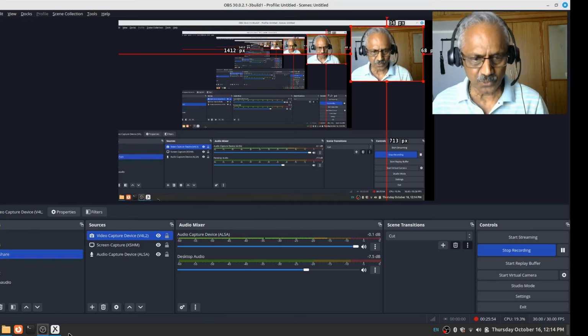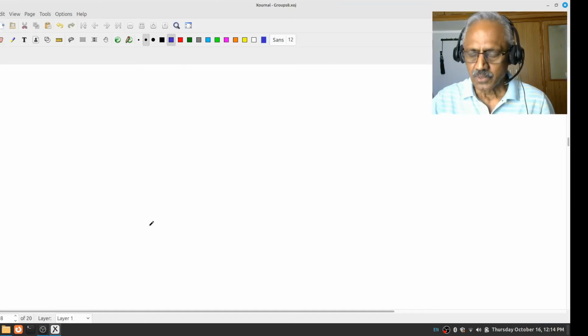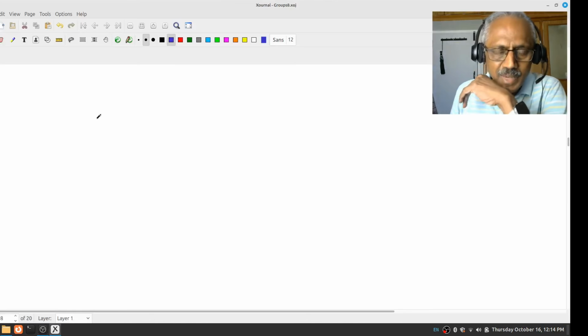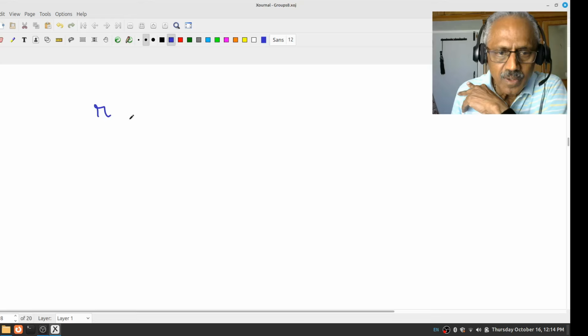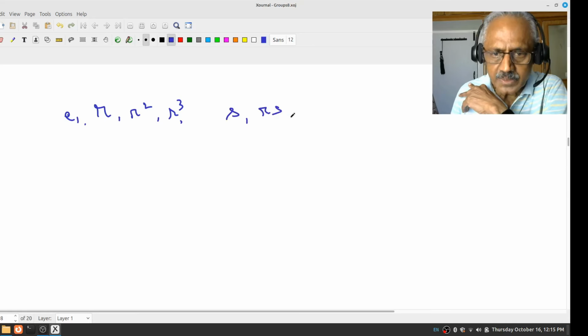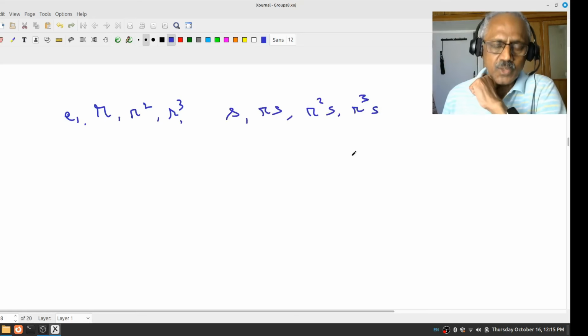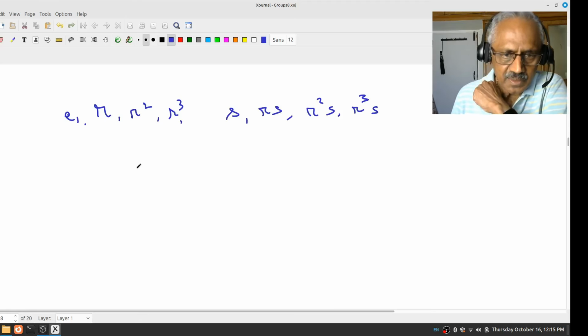I'll go slowly. The elements are R, R squared, identity, R cubed, and RS, R squared S, R cubed S. Now take any two arbitrary elements. Let us experiment.